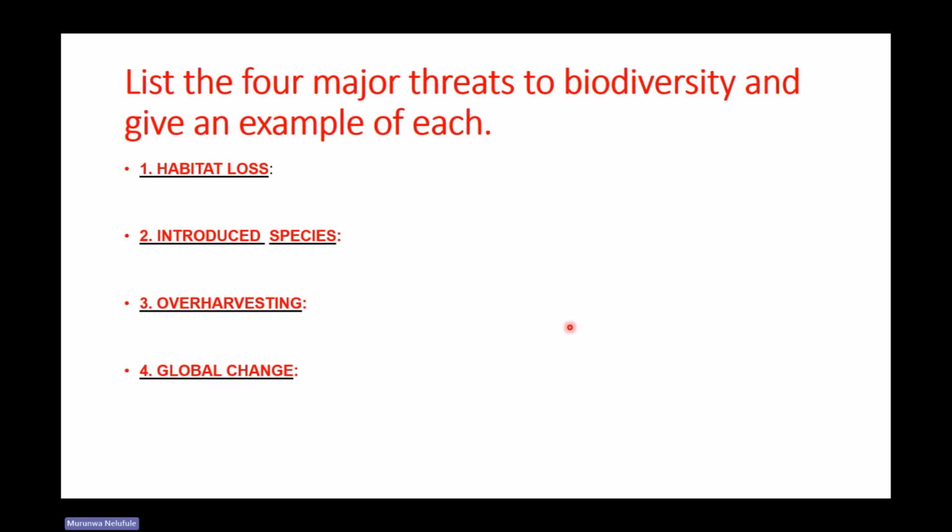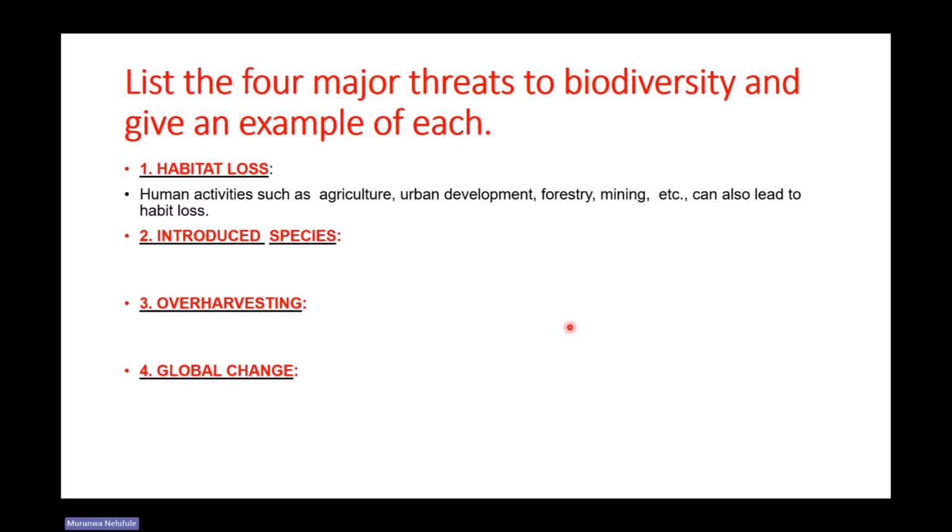So biodiversity is threatened by habitat loss. When you talk about habitat loss, we're talking about human activities such as agriculture, urban development, forestry, mining, etc. Most people may look at it and say, come on, mining is coming here to create jobs, and in agriculture we are planting avocados and oranges, whatever will help food security.